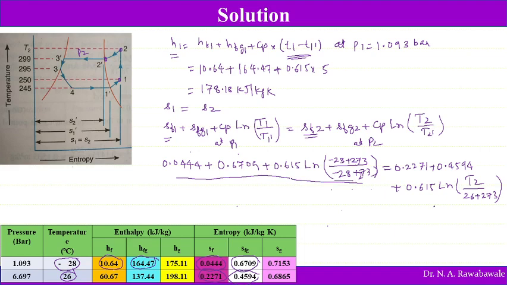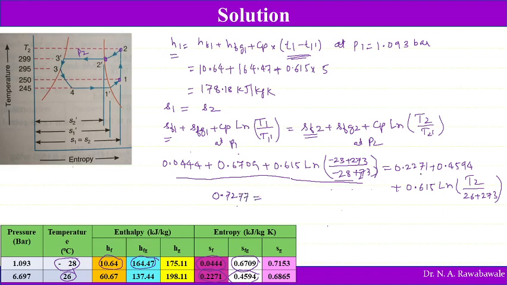So here, 0.615 into natural log of (minus 23 plus 273) divided by (minus 28 plus 273), plus 0.6709 plus 0.0444, on the left hand side gives us 0.7277.